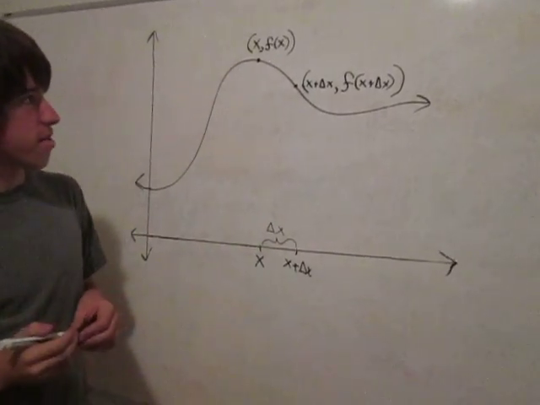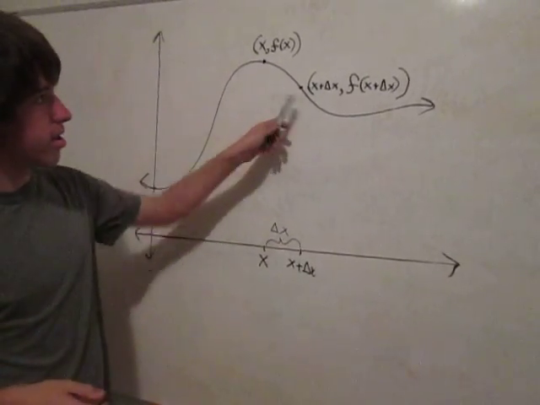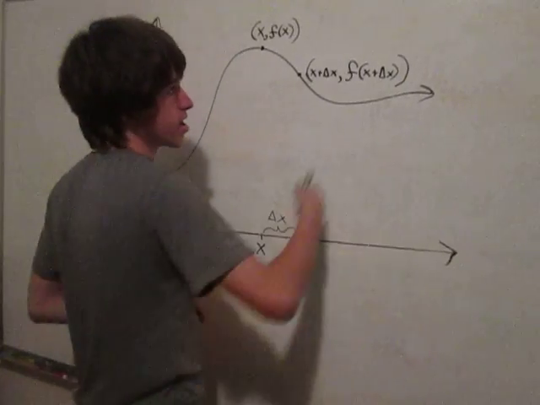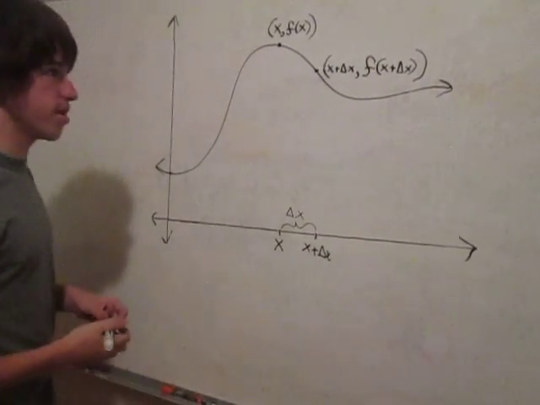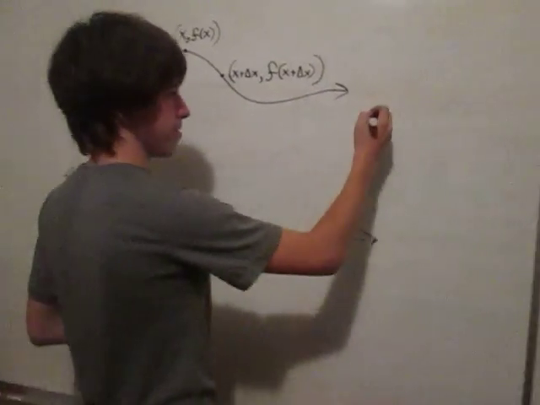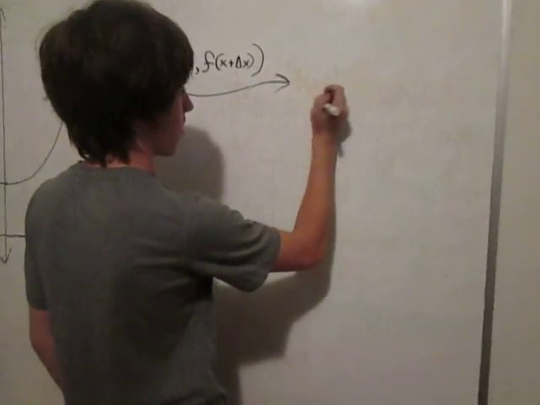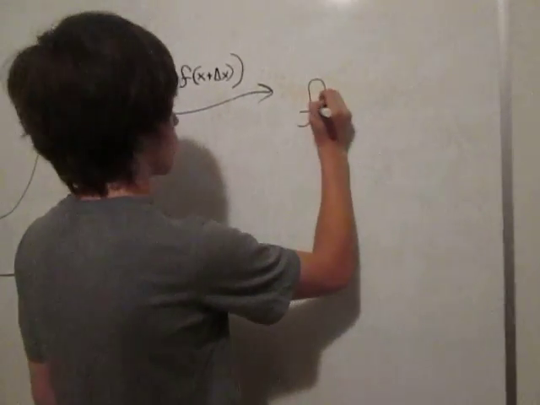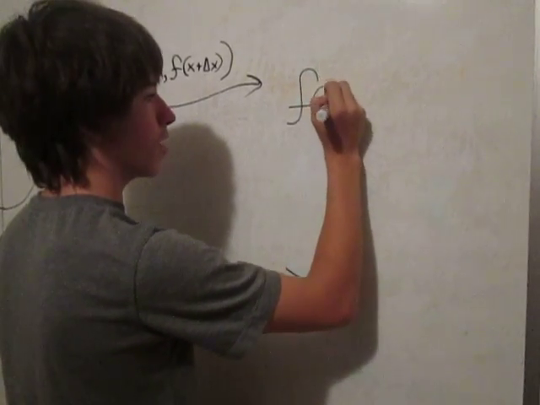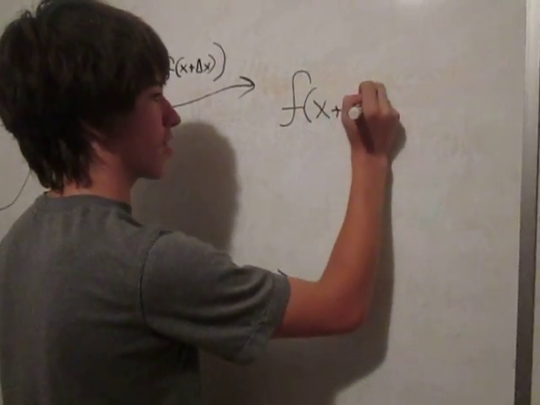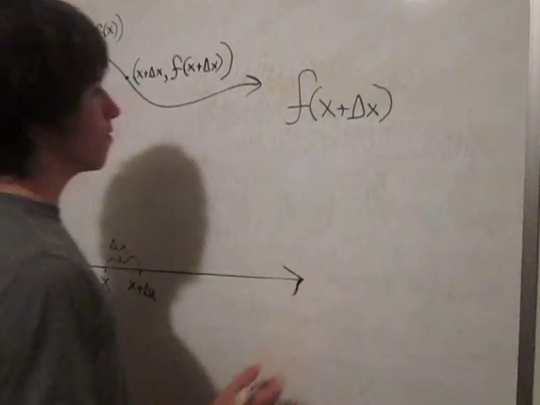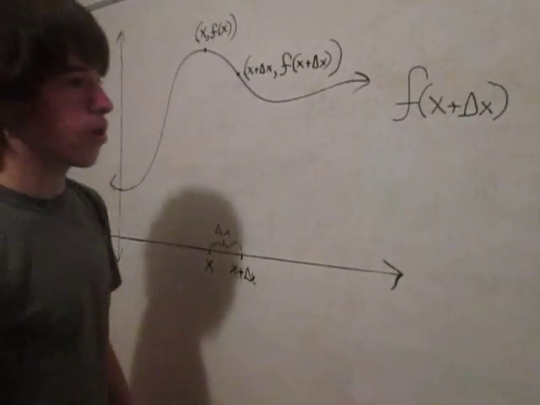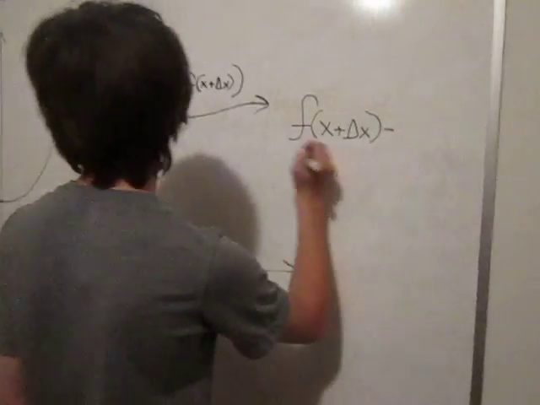Now, how do we find the slope between these 2 points? Well, we take the second y and subtract the first. I'm going to do it here. We take the first y, so f of x plus that little delta x that we are thinking of. We subtract the other y to find the change in y.